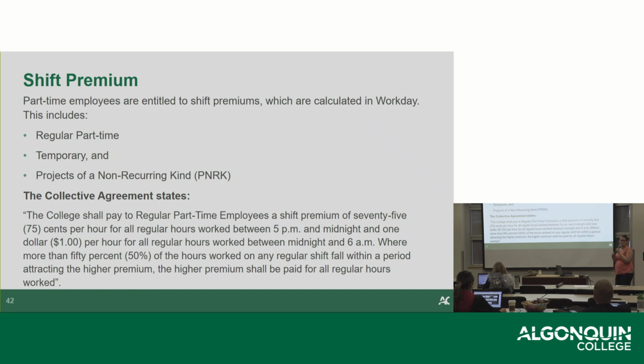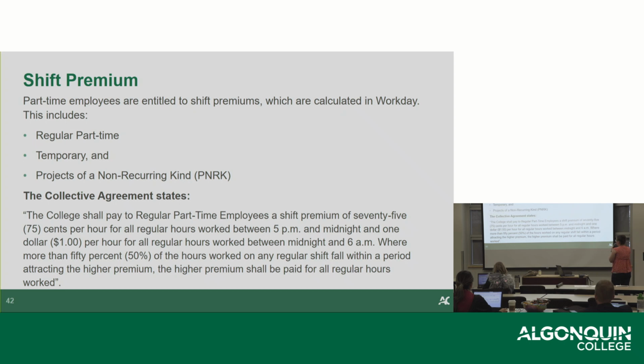These shift premiums now are automatically calculated when the employee enters their hours for any hours worked between 5 p.m. and 6 a.m., which are the shift premium hours. So again, it's only these 3 employee groups that are entitled. So casuals and students are not entitled to shift premium.